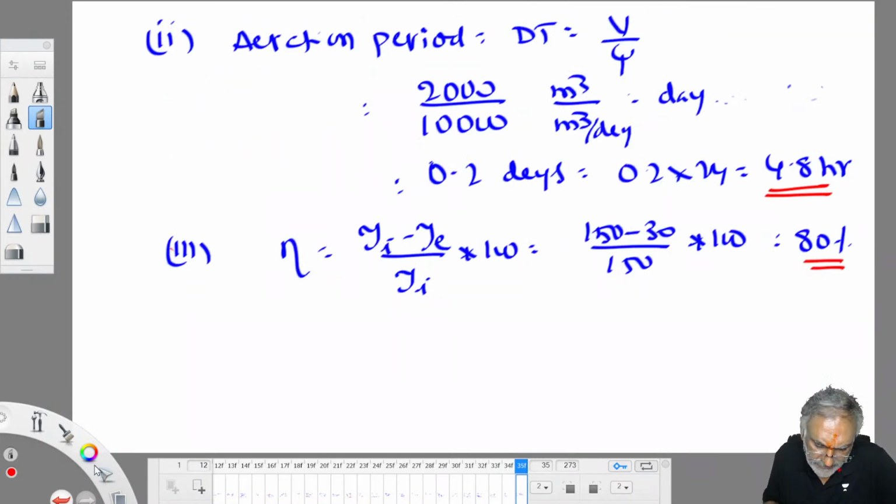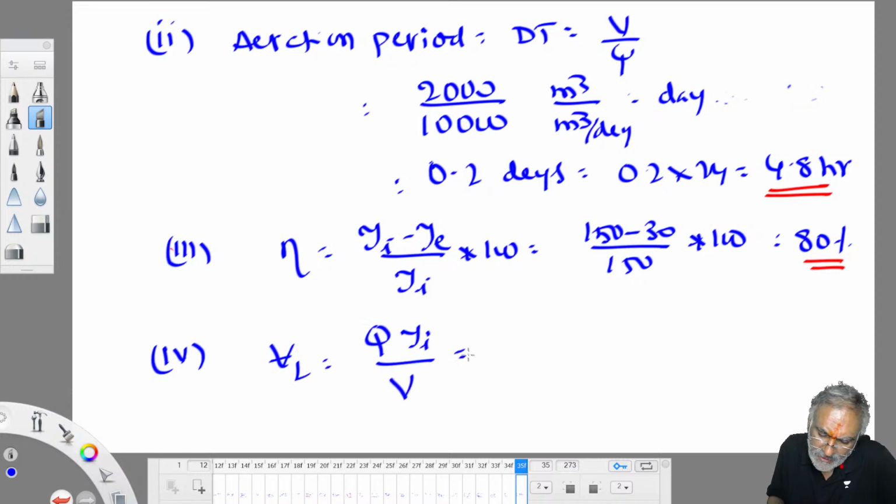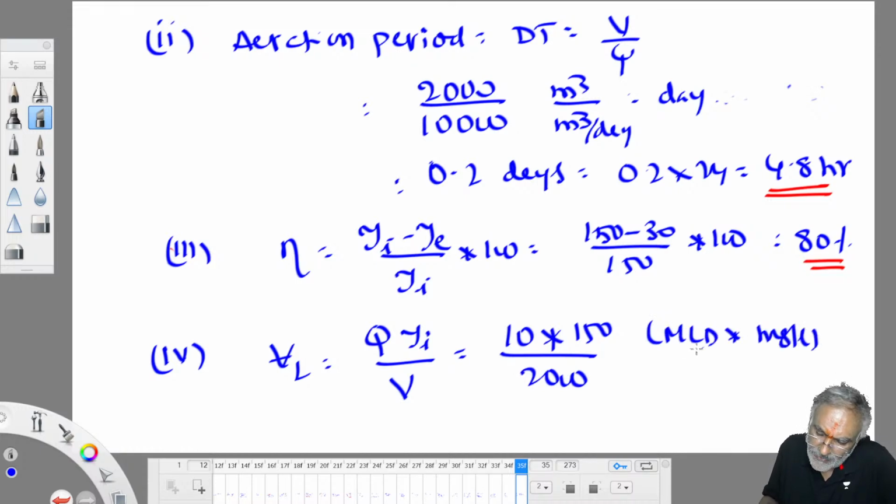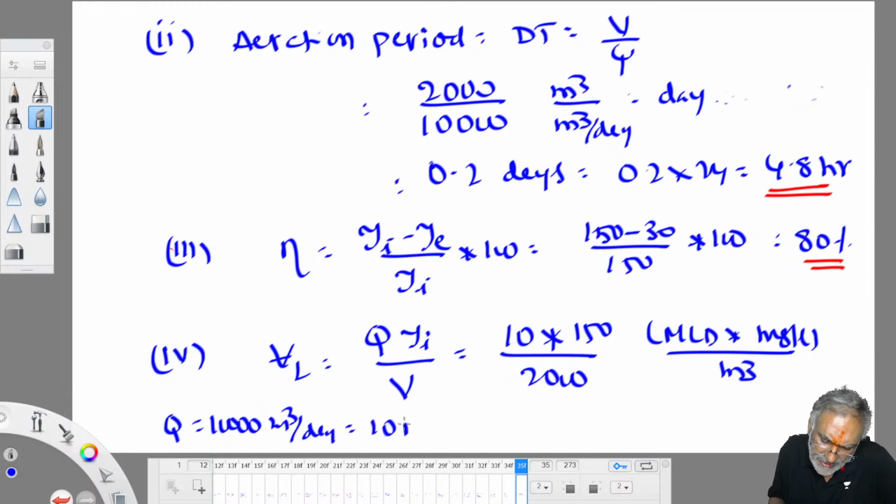Volumetric loading rate. So Q into YI by V. Substitute Q in MLD, YI milligram per liter, V in meter cube. So MLD into milligram per liter by meter cube, you'll get kilogram. So Q is given as 10,000 meter cube per day, which is nothing but 10 MLD.